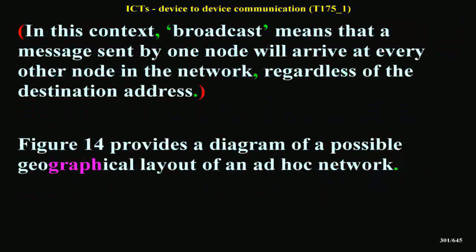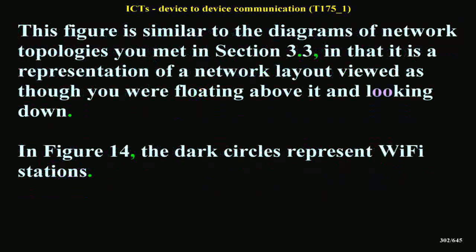Figure 14 provides a diagram of a possible geographical layout of an ad hoc network. This figure is similar to the diagrams of network topologies you met in section 3, in that it is a representation of a network layout viewed as though you were floating above it and looking down. In Figure 14, the dark circles represent Wi-Fi stations.